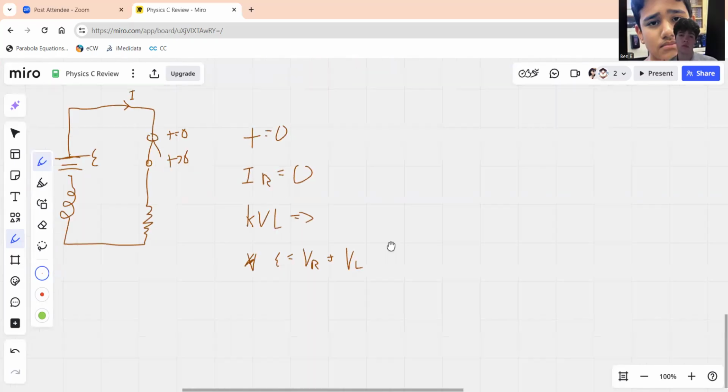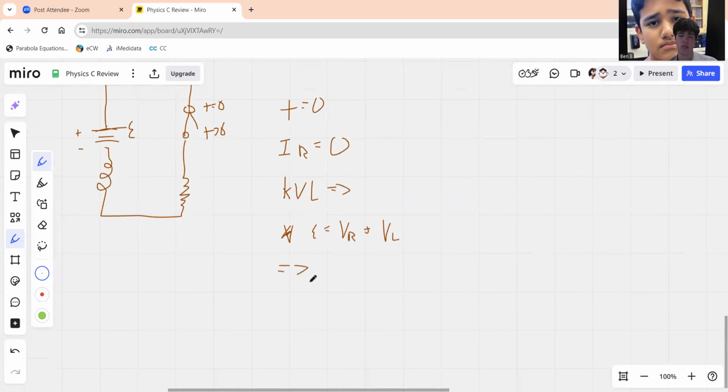This means that E is equal to the resistance times I final plus L times di/dt.